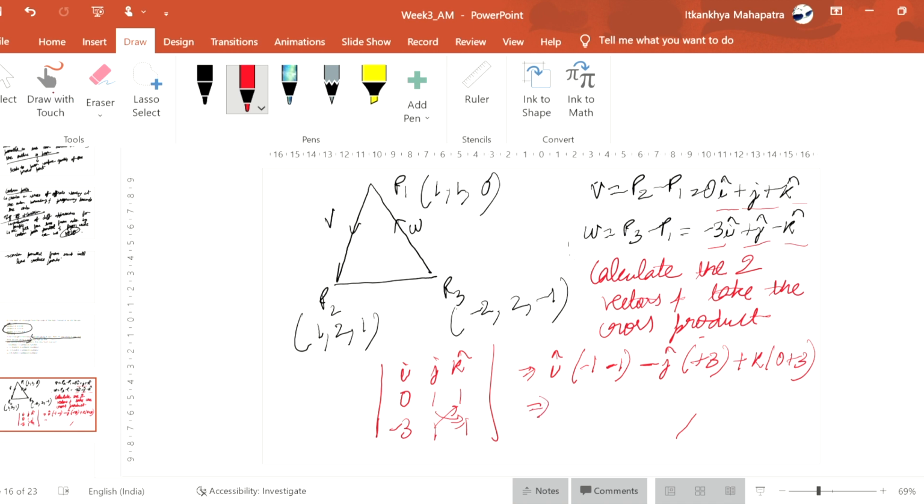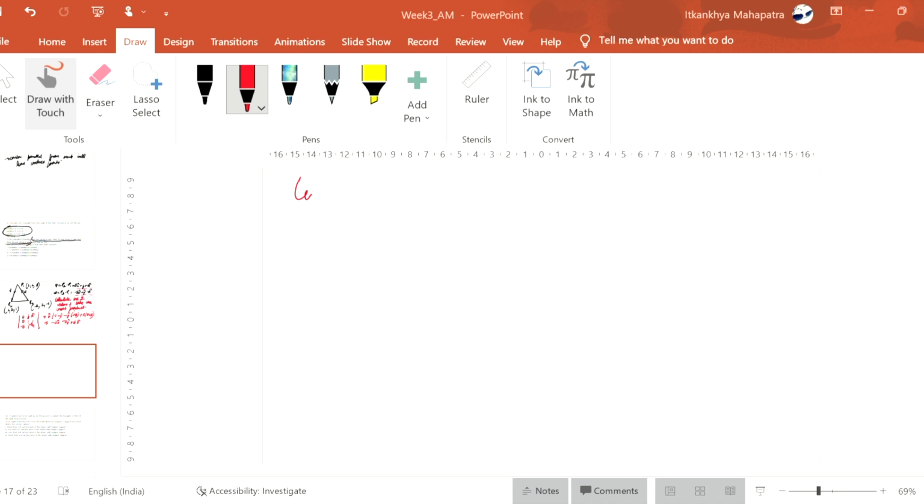This will become minus 2 i cap, minus 3 j cap, plus 3 k cap.